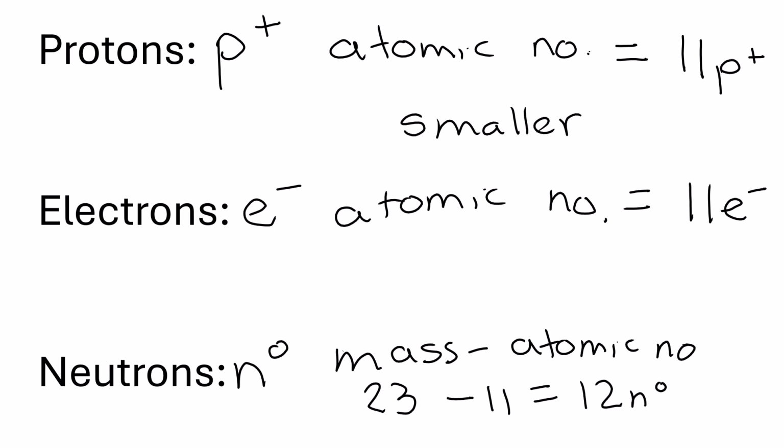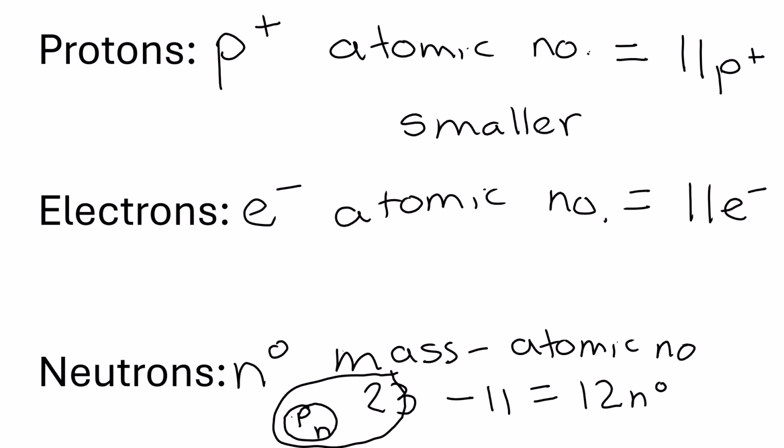The reason for this, you don't need to know this for an exam, but the reason for this is because inside a nucleus, let's pretend this is your nucleus, there are protons and neutrons. So together, the protons and neutrons equal the 23, the mass. Okay, so protons and neutrons together in the nucleus is what gives an atom its mass.